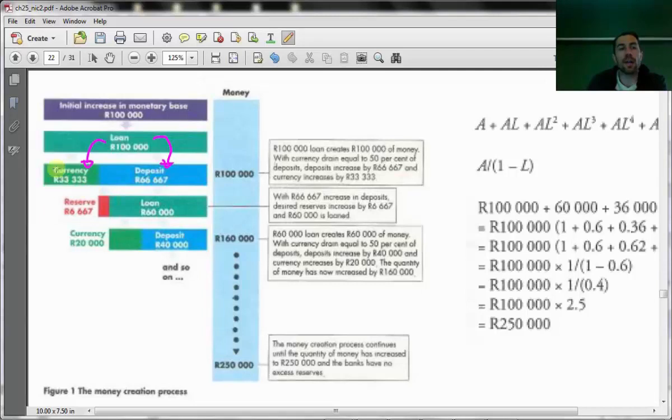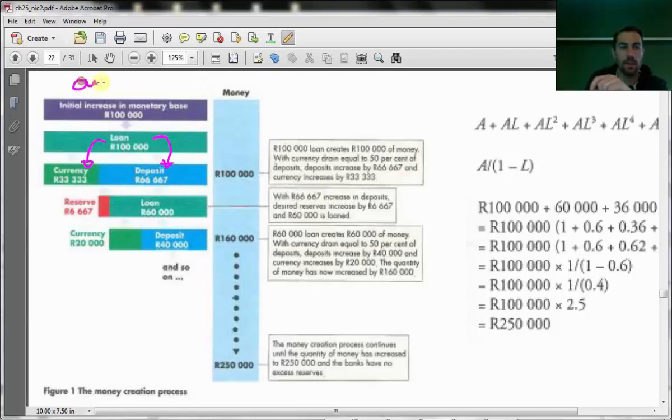Here you can see that 1/3 of that loan has been held in cash. We would say that the currency drain ratio is 33%, 1/3. 1/3 of all those loans gets held as cash, 2/3 gets redeposited. So this is a currency drain ratio of 1/3.